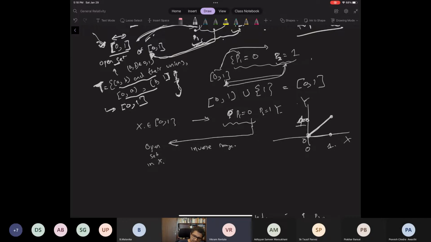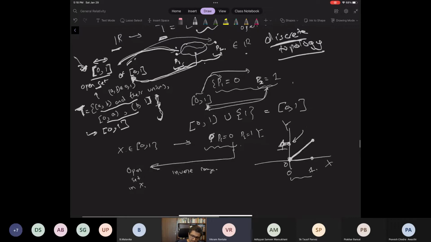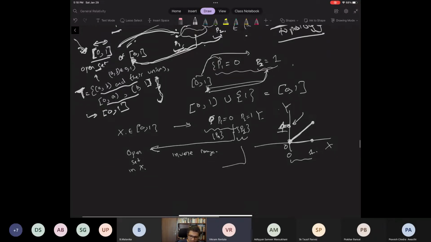But the point is that the inverse image of any open set in Y should be an open set in X. Now open sets in Y include just these singletons, P1 or P2 by themselves. So this open set should have an inverse image which is also an open set of this topology.